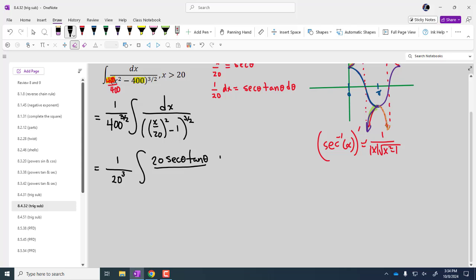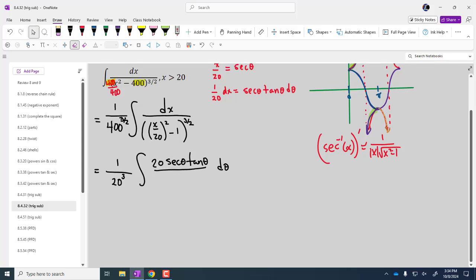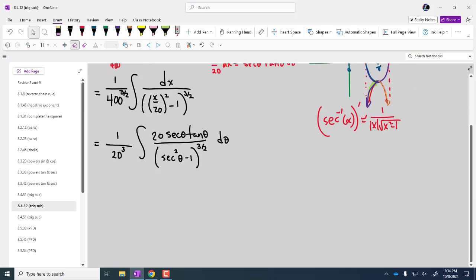And then in the denominator, we're going to have secant squared minus 1 inside these parentheses, raised to the 3/2 power. Any issues or questions on separating that out like that, substituting? That makes sense to everyone?